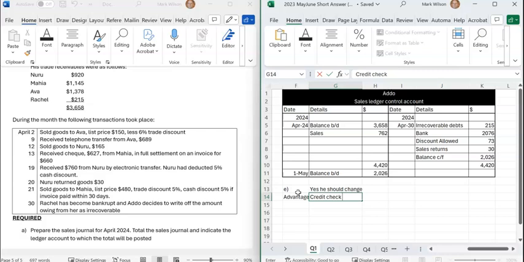So we check things like their income, other assets they have, but the credit check will reduce the possibility of irrecoverable debts. Second thing is that the discount will encourage quicker payment.